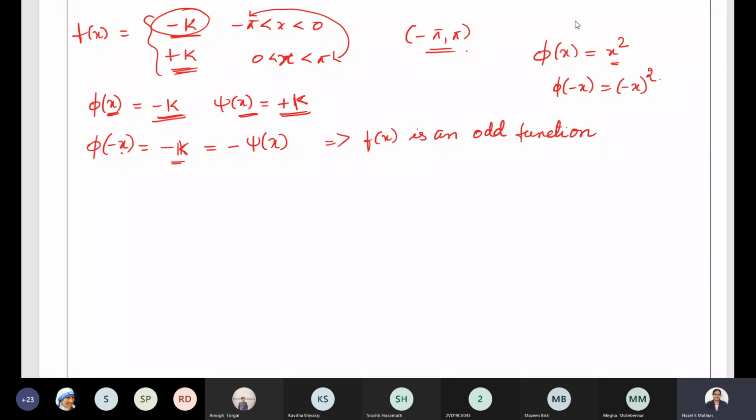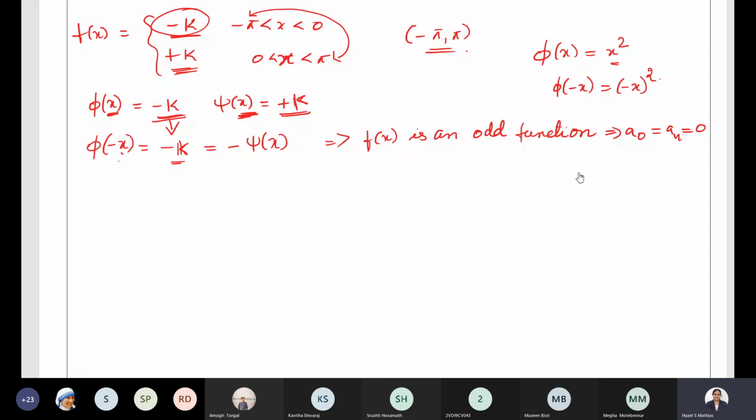So whether you put x as plus or minus, the value remains the same. That is minus k, which is negative of xi of x. So phi of minus x is minus of xi of x. We can conclude that f of x is an odd function. If f of x is an odd function, we can conclude that the Fourier coefficients a0 and an are 0.